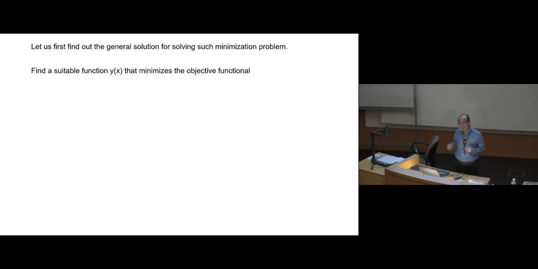We want to find our functions to minimize a functional. Here, that functional is given by the square root of 1 plus y dot squared. But let's try to figure out an equation to solve a very general one. We want to find a function which will minimize a cost function or objective functional.